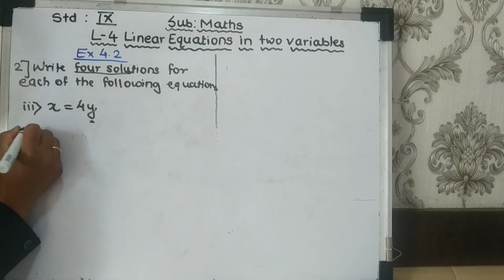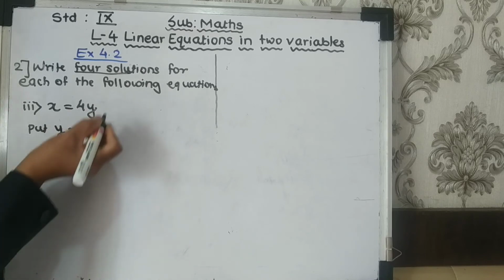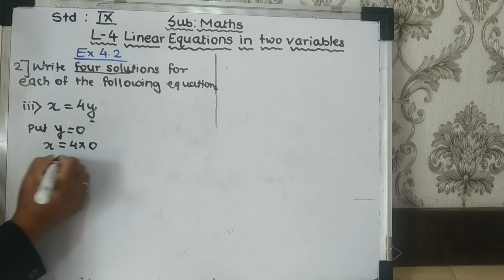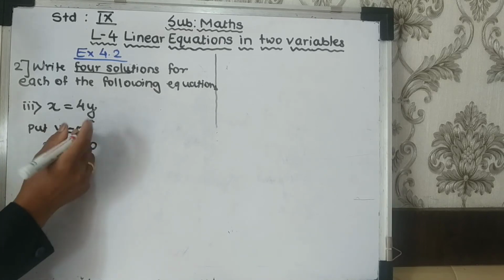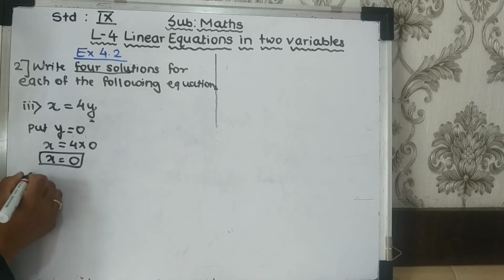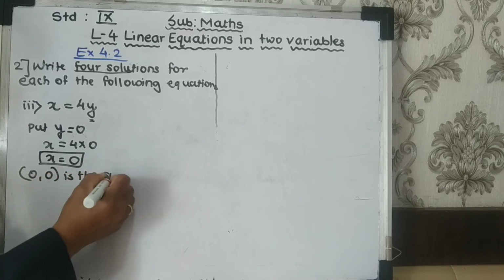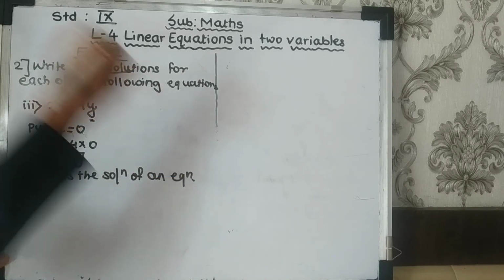Got it? So put y is equal to 0. So x value we will get is 4 into 0, so x is equal to 4 zeros are 0. So when we put y equal to 0, x also got 0. So (0, 0) is the solution of the equation.